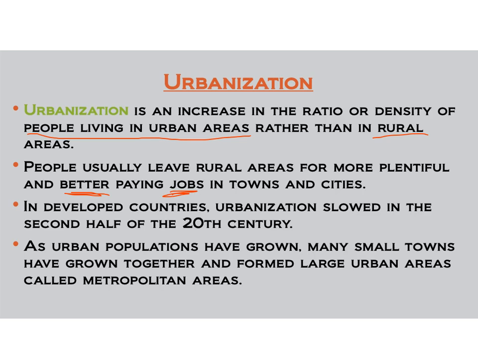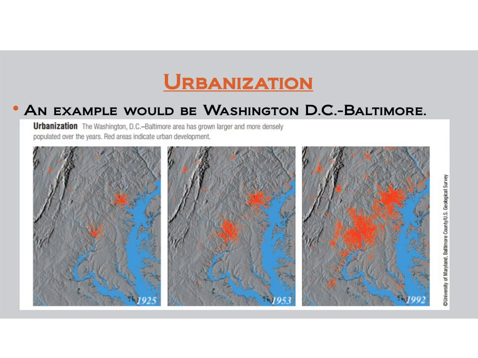And so you had a bunch of smaller towns and medium-sized cities start growing, and then they grew big enough that they ended up with suburbs, and eventually those suburbs would connect each other, and you'd get these large areas of cities grown together called metropolitan areas.